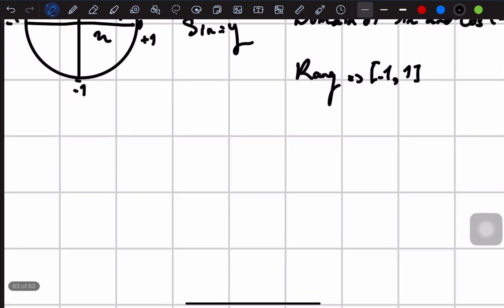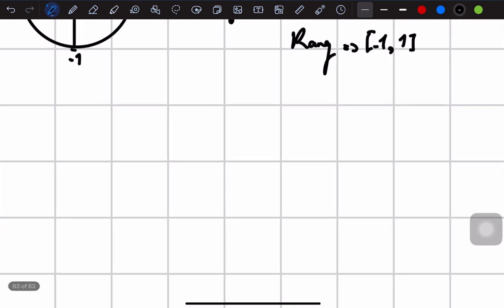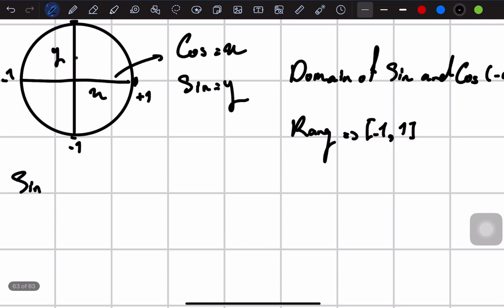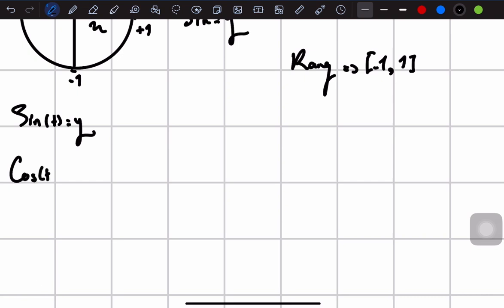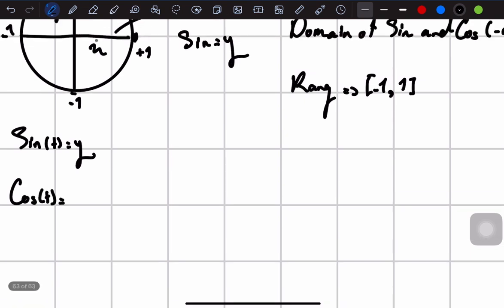Okay. So we have six basic trigonometric functions. One of them is sine, as we said, the positive and negative y-axis. Sine of t is equal to y. The cosine of t, as I said, the x-axis would be cosine, and it's equal to x.